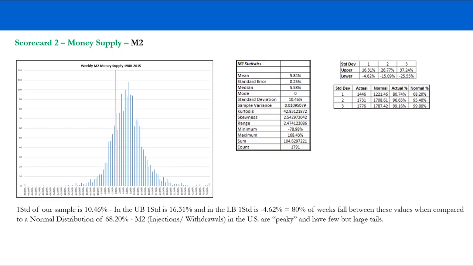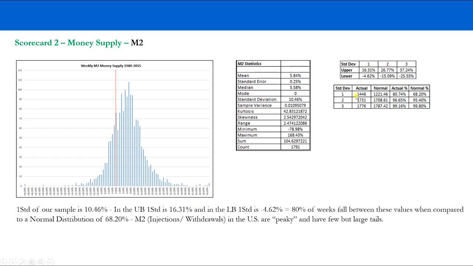And what we need to do is look at both the positives and the negatives from a standard deviation perspective. And we look at a 1 standard deviation move in both the upper and the lower bound of the data. And a 1 standard deviation move in the upper bound is 16.31%, and in the lower bound, minus 4.62%.